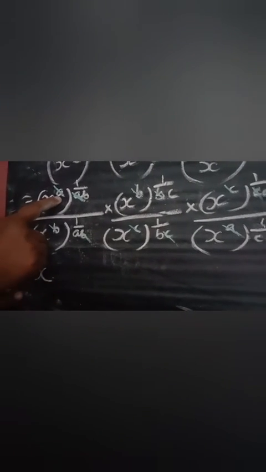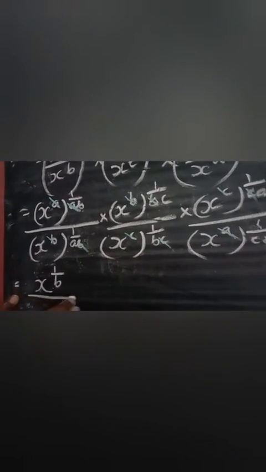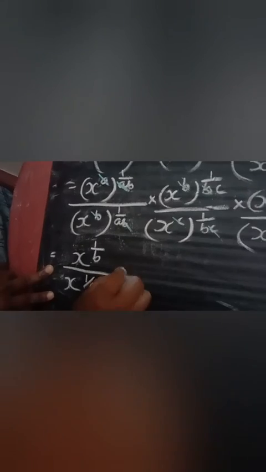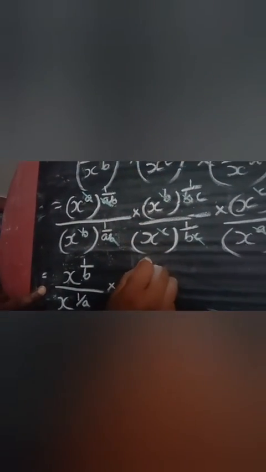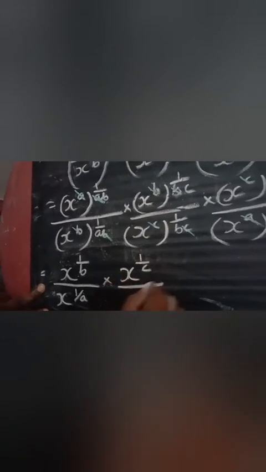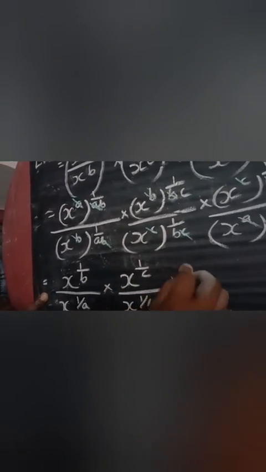X raised to a cancelled. Now x raised to 1 by b only. In the denominator b gets cancelled, x raised to 1 by a only. Into here, in the second term x raised to b gets cancelled, so 1 by c. And in the denominator x raised to 1 by b into x raised to c gets cancelled. So 1 by a by x raised to 1 by c.